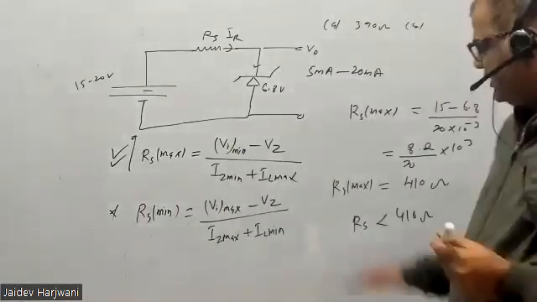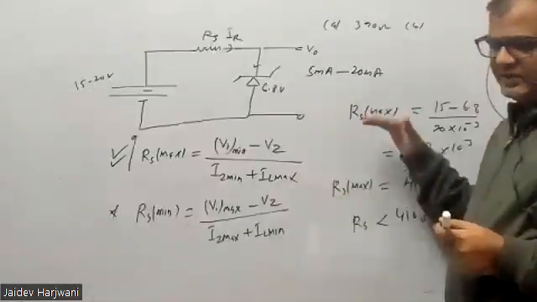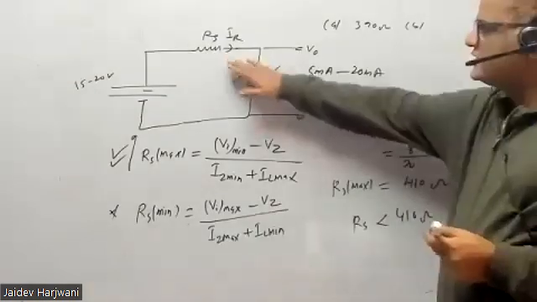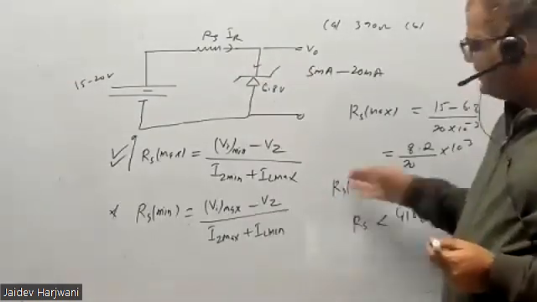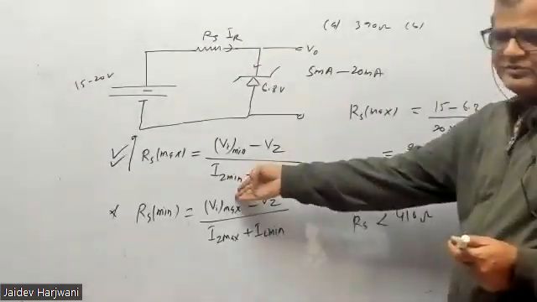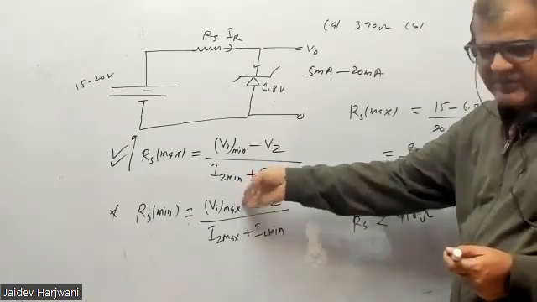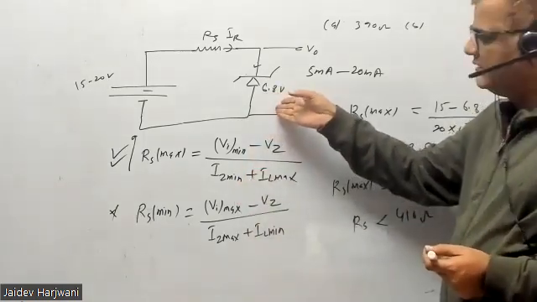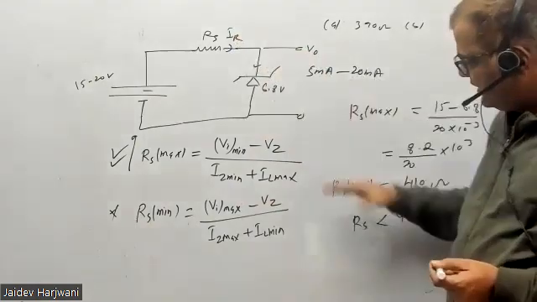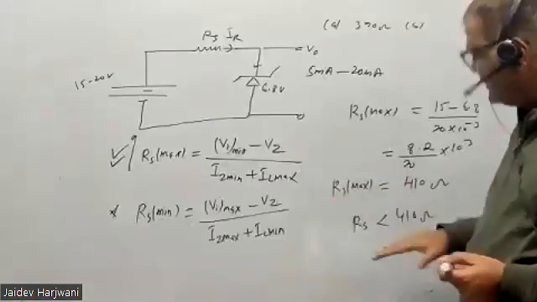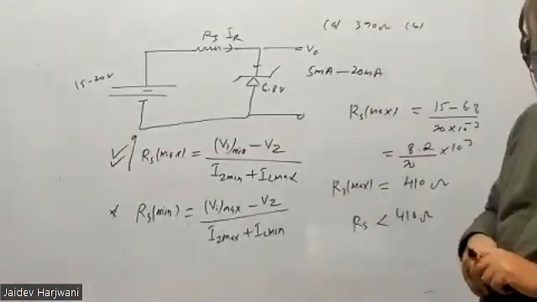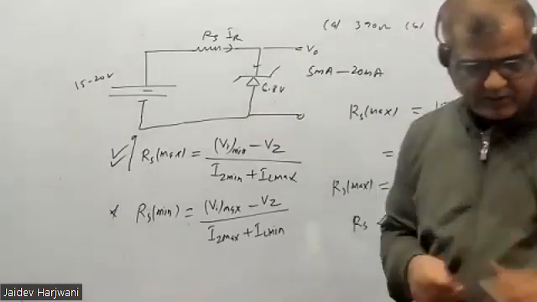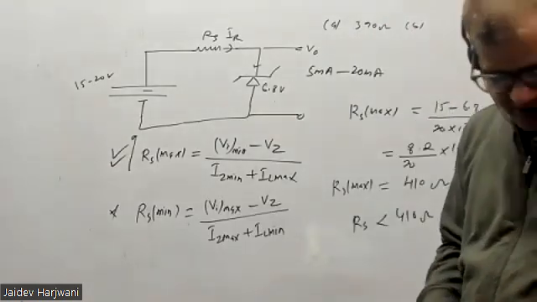If you put this limit, then the current will become 0, nothing will come. If you want at least some minimum current to flow here, then the RS value should be less than this, and only option A is less. So option A is correct. This is the solution of this question.